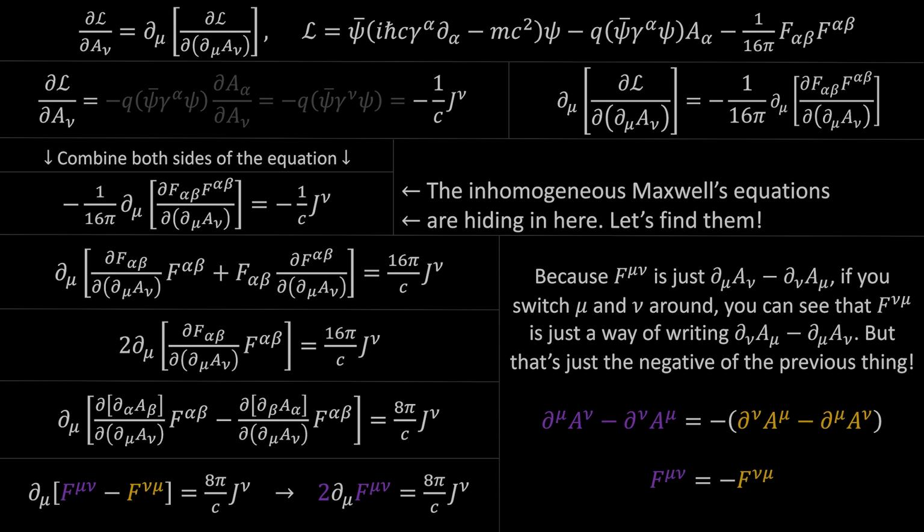And so if you switch mu and nu around, then you can see that F nu mu is the same as just negative F mu nu. In other words, the tensor is antisymmetric. So what that means is that if we have F mu nu minus F nu mu, we can absorb those together and write that as 2 F mu nu.